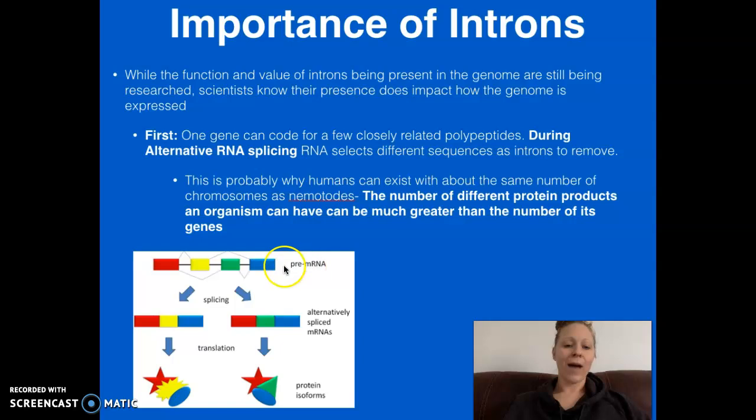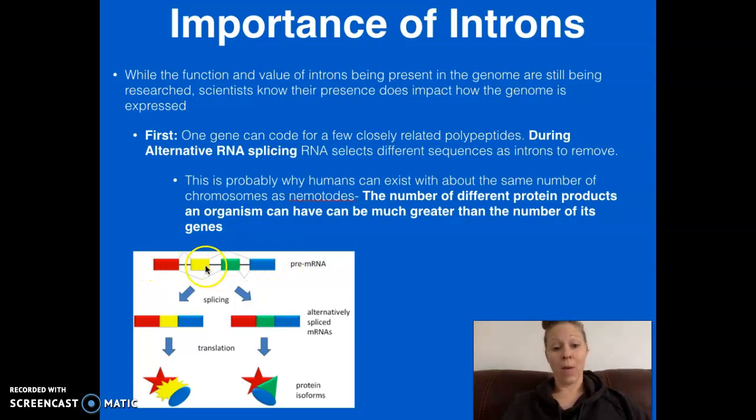So if we have our pre-mRNA strand here, we have our red, our yellow, our green, and our blue. When the primary transcript is created here, we have spliced out introns and we've removed the green section. And now the gene can be expressed in another way, so it's going to be transcribed.